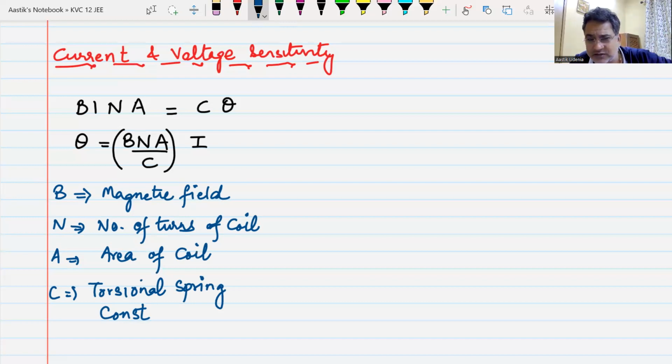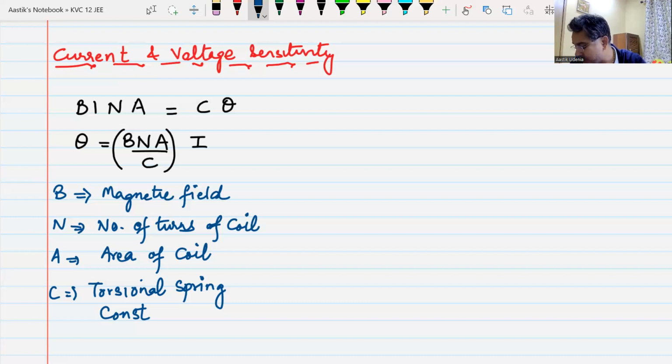K is known as the normal spring constant. A torsional spring, when you twist it, exerts a torque, and that torque is C into theta. So C takes the place of K, theta takes the place of x, and torque takes the place of force. Are you understanding what I'm saying here?